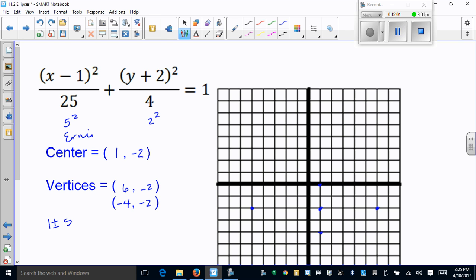Okay. At least I caught it. So 1, 2, 3, 4. I counted 6 instead of 5. That's what I did. And draw a handy dandy sketch tool here. And there's my ellipse.